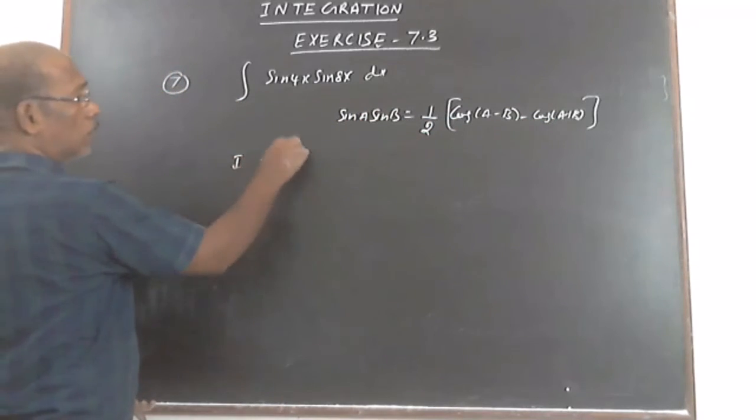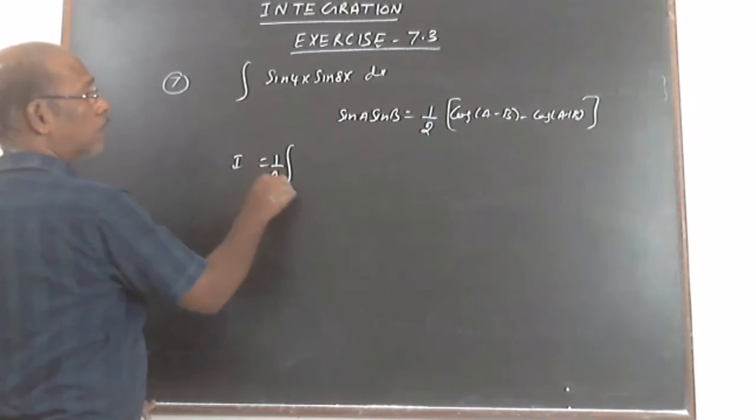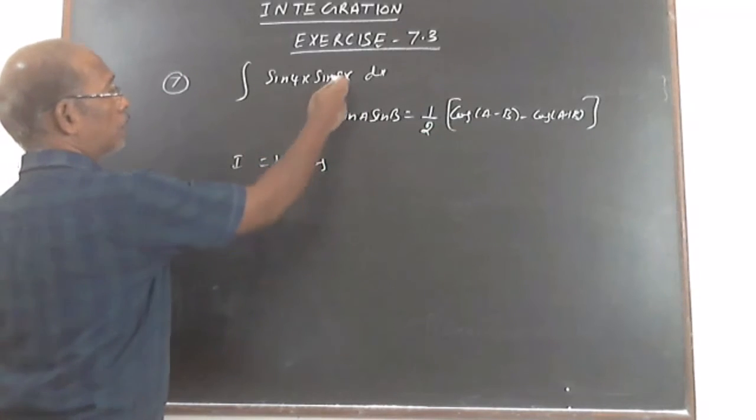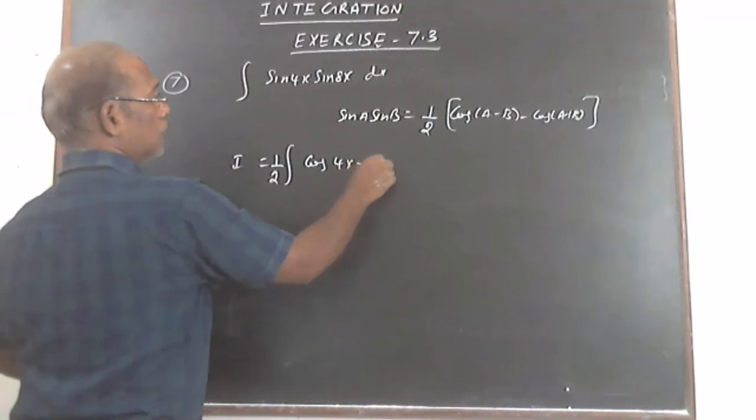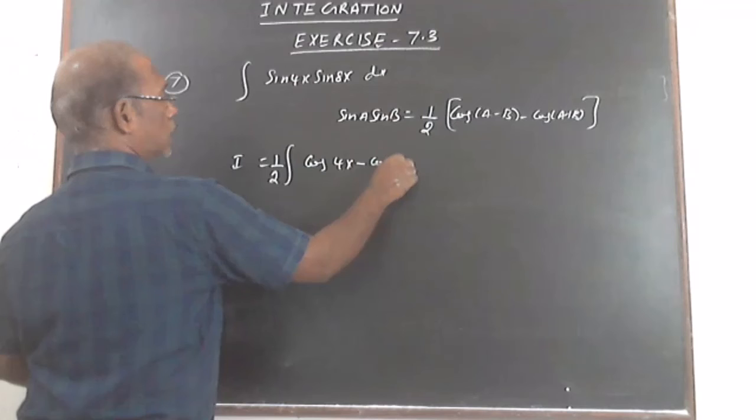Now I equals integral of, take 1 by 2 outside, cos of A minus B, 4x, minus cos of A plus B, 12x.